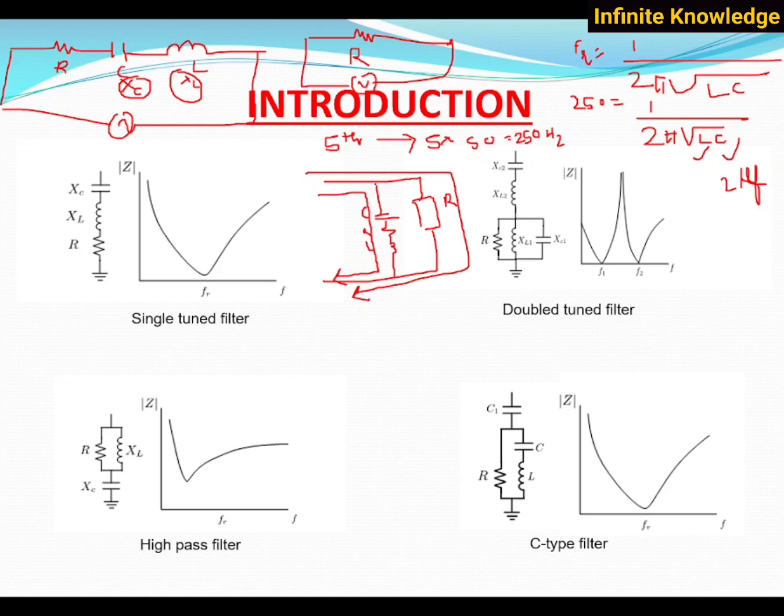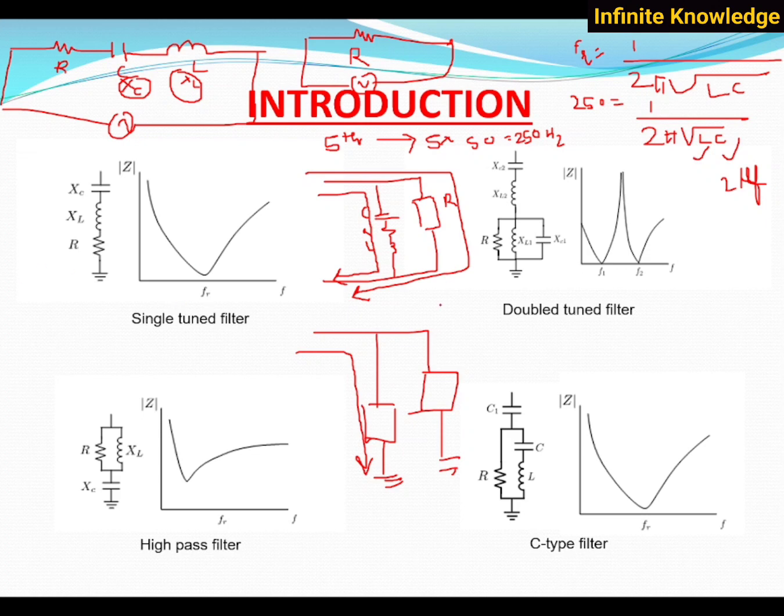If I ground it, in the actual system it is like this way: it is my load, and it is my harmonic filter. You can see this one. All the harmonic current is diverted to ground this way.